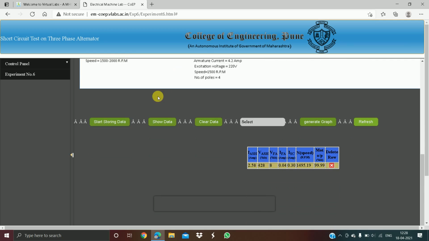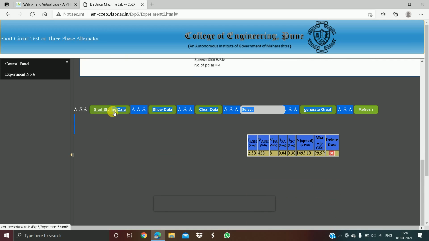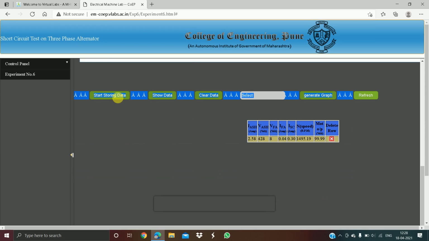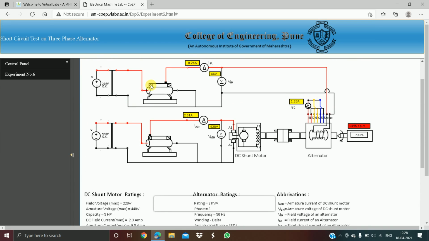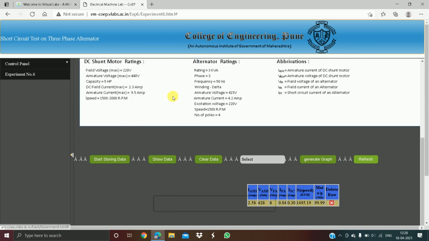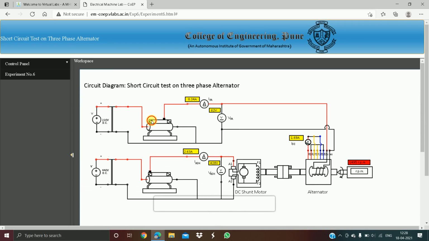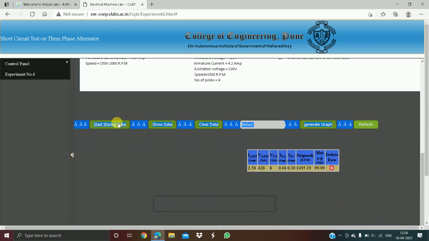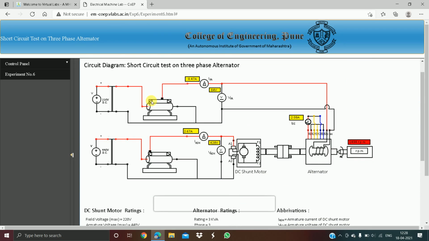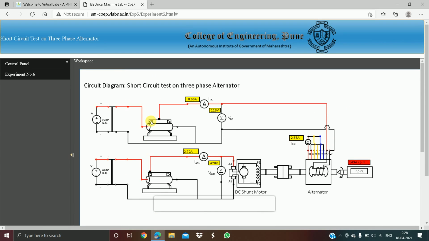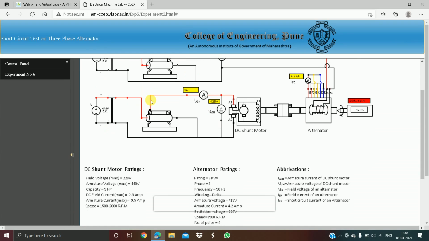Until then we can take several readings, and we have taken readings until the armature reaches its rated current.